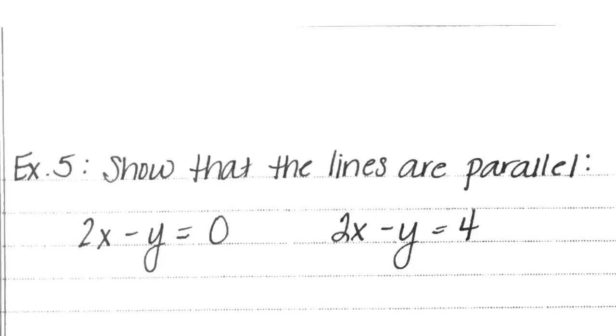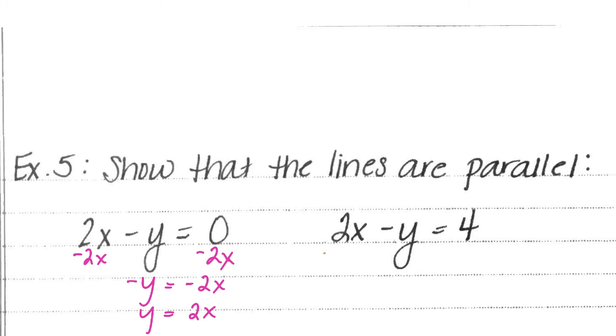So in example 5, if I had to prove that these lines are parallel, how would I prove them? I would probably just solve for y for each of these. So I have negative y equals negative 2x. I'm going to divide everything through by negative 1. I get y equals 2x.